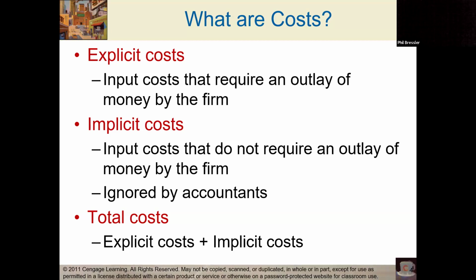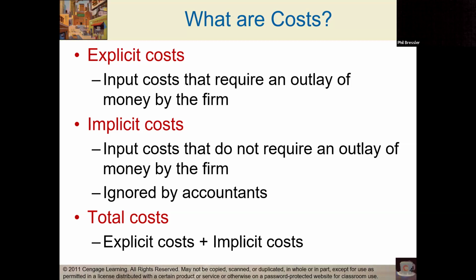Implicit costs are costs that don't require an outlay of money. So that would be me getting another job and giving up a $55,000 salary to start my own business. My new business is not going to pay anyone $55,000. It's just what I'm giving up.